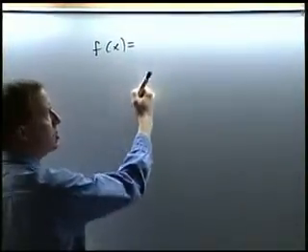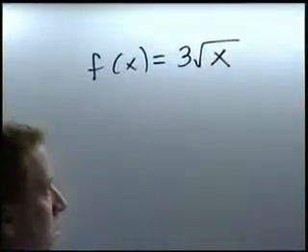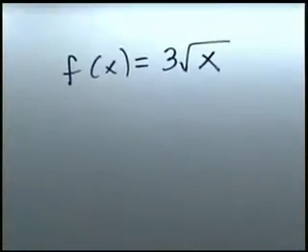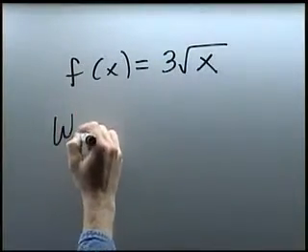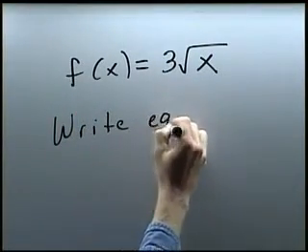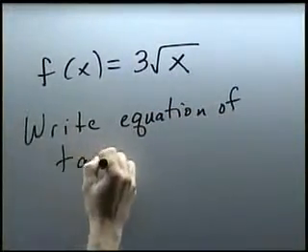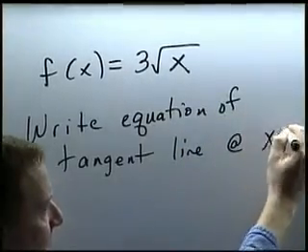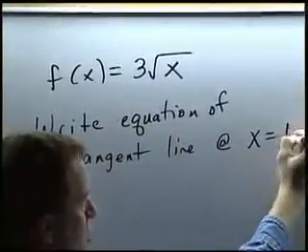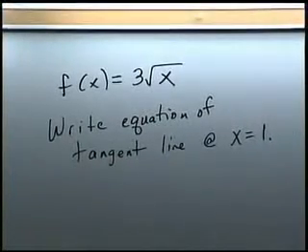All right, what if our original function is f of x equals 3 times the square root of x? The question says, write the equation of the tangent line at x equals, let's just pick 1. Okay.